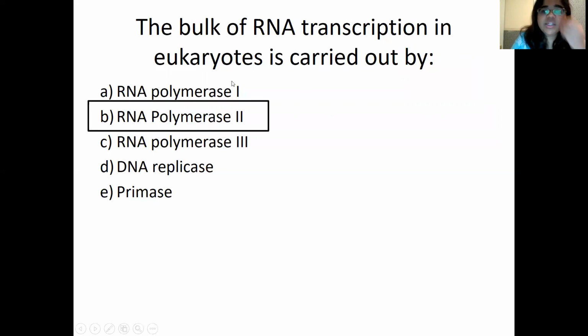RNA polymerase 1 and the other one each have a specific role in what they create, okay?